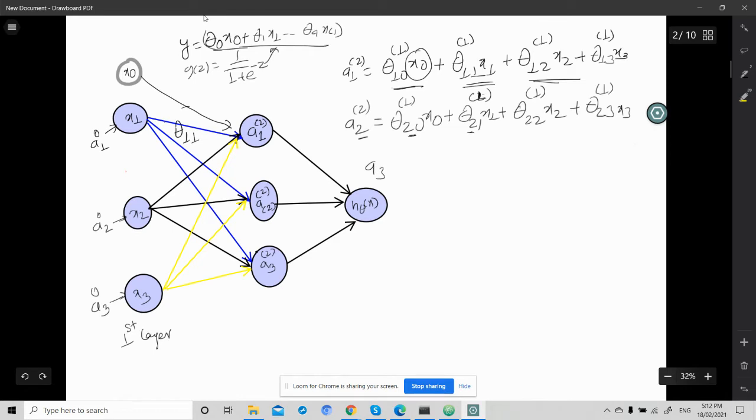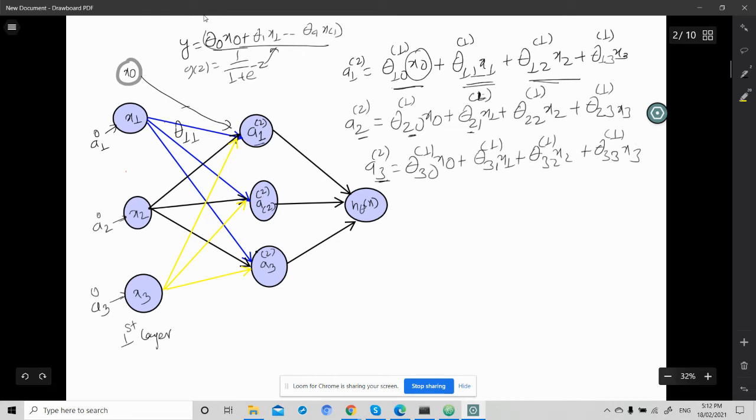Likewise, a3 of the second layer will be theta 30 of 1 times x naught plus theta 31 of 1 x1 plus theta 32 of 1 x2 plus theta 33 of 1 x3. This is how we compute a3.